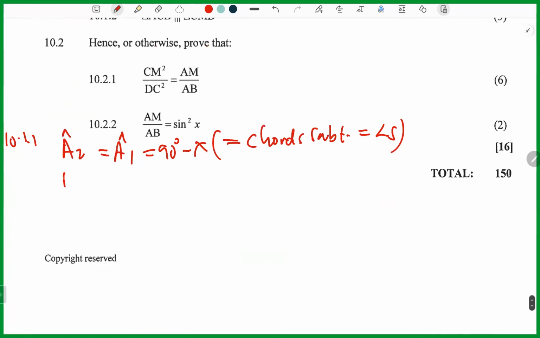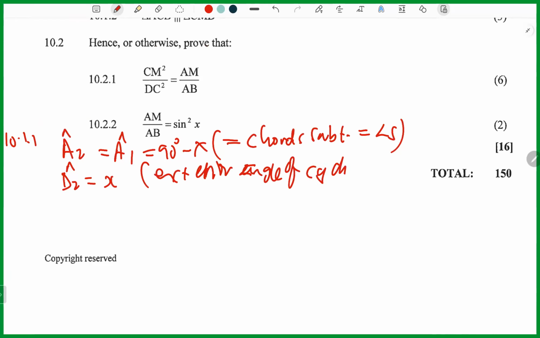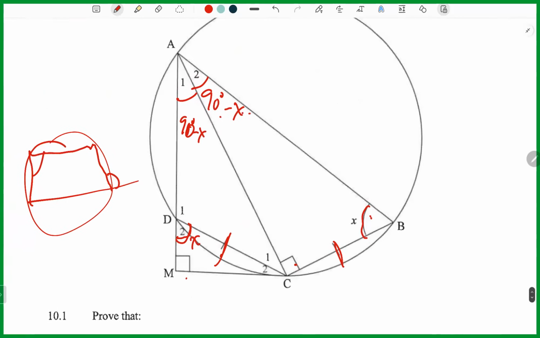Why is it equal to x? Because we have the exterior angle of cyclic quad. Okay, D2 is equal to x.